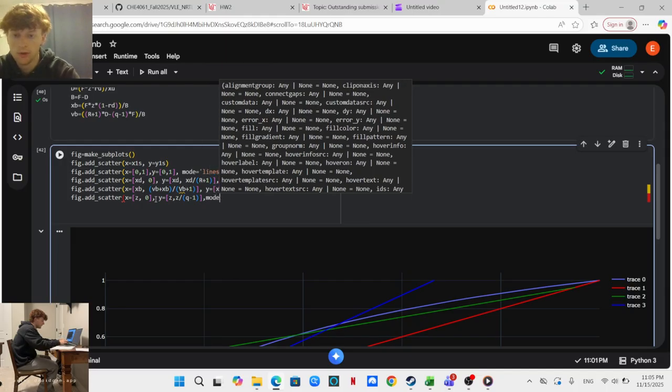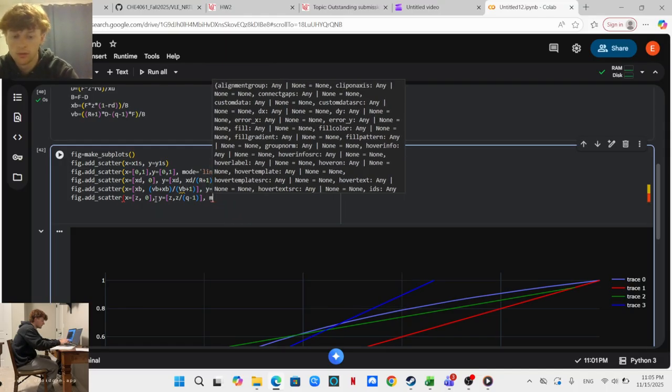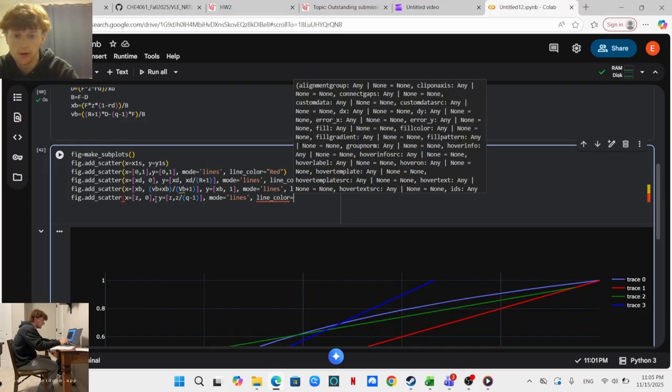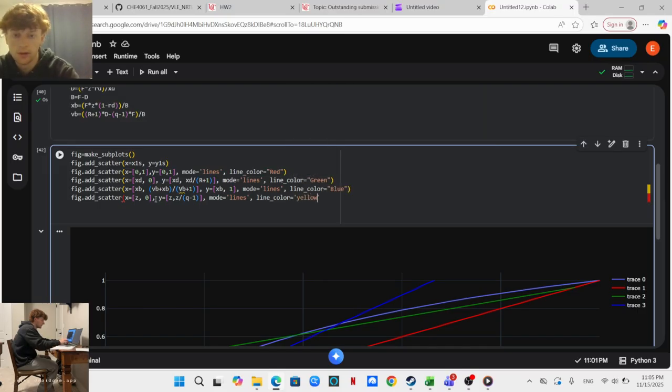And then we have mode, mode is equal to lines. And then line_color, we'll say is yellow.